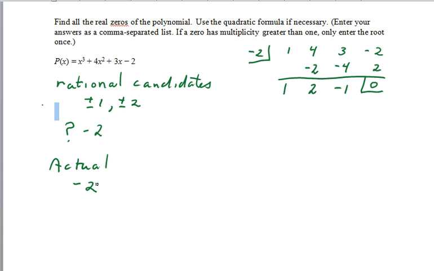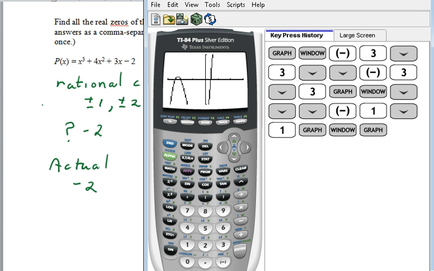Now, looking back at the zeros that are showing on this graph, I don't think that any of the other rational zeros actually are zeros in this case.